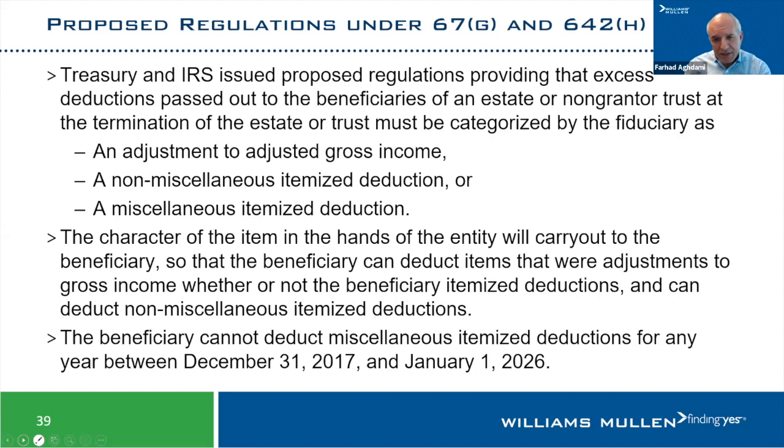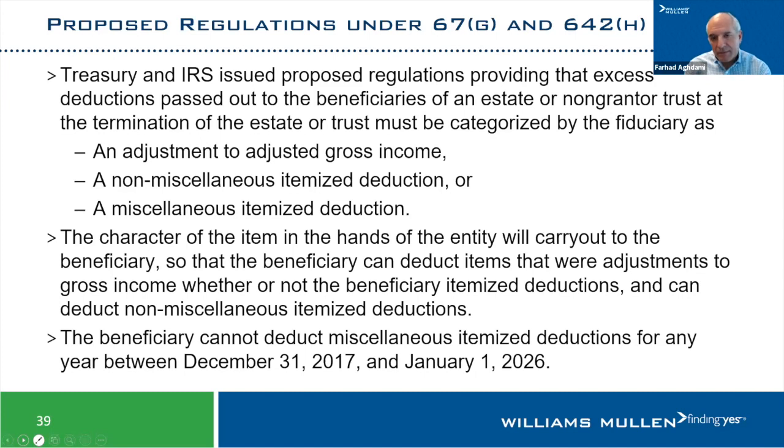And the question is, what happens if you have these expenses in a trust, and the trust terminates? How are these expenses handled upon termination under Section 67(g) and 642(h), which is the trust termination provision?